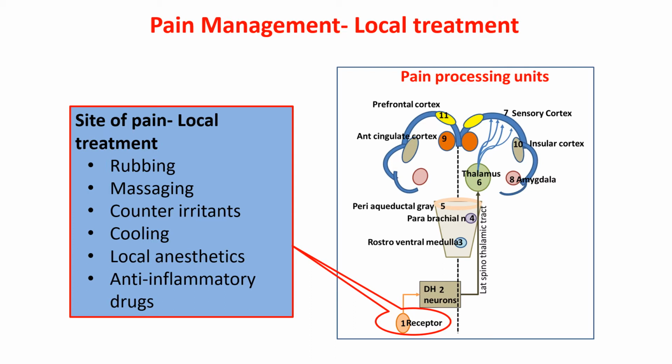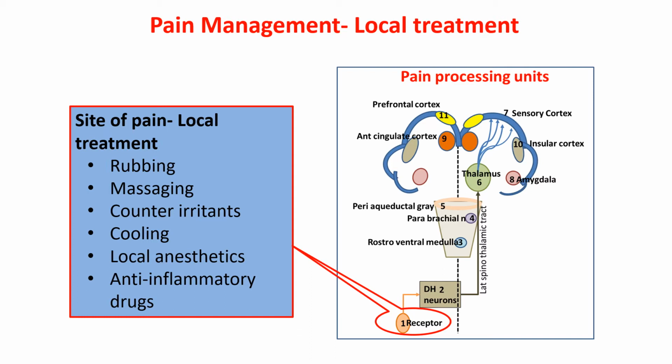Then counter irritants, they will increase the blood circulation, and that would produce the flushing of the chemicals accumulated. Cooling will reduce the receptor activity, and that would relieve a certain amount of pain.